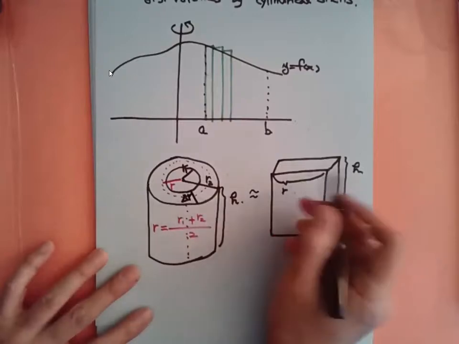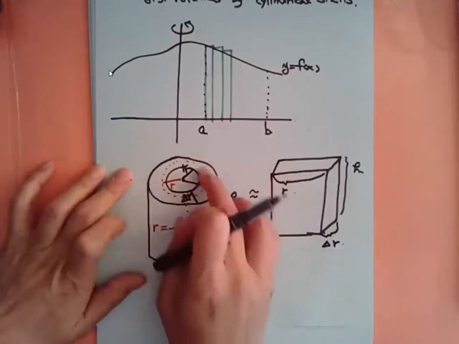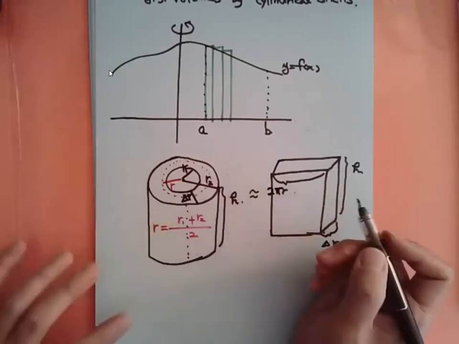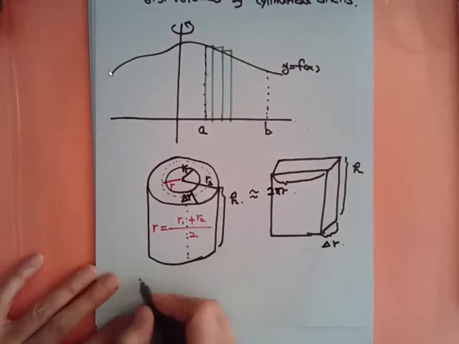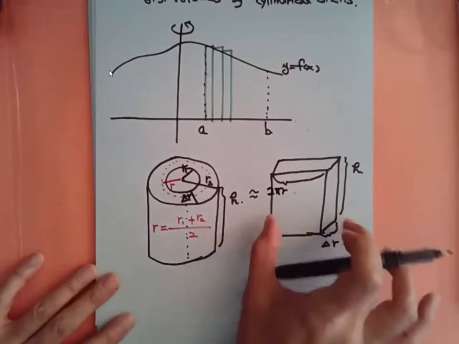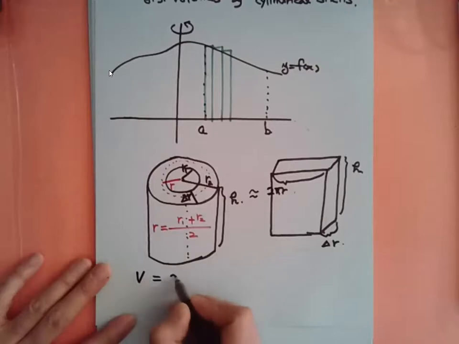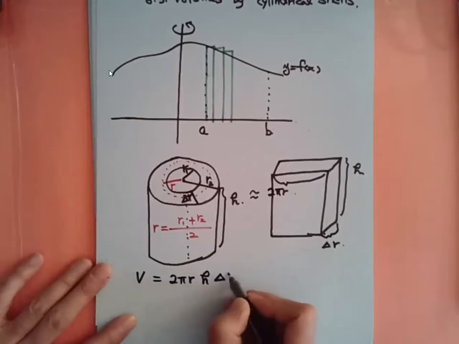We unfolded this circle, so this is 2 pi r, which is the circumference. So the volume of this cylindrical object is V equals 2 pi r h times delta r.